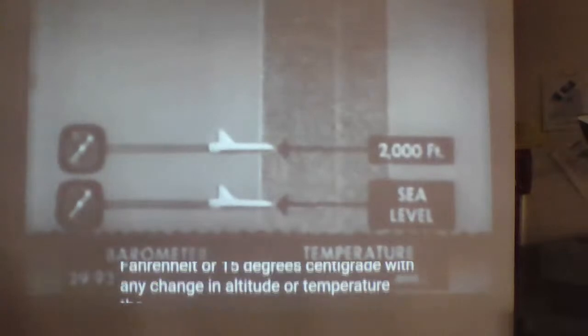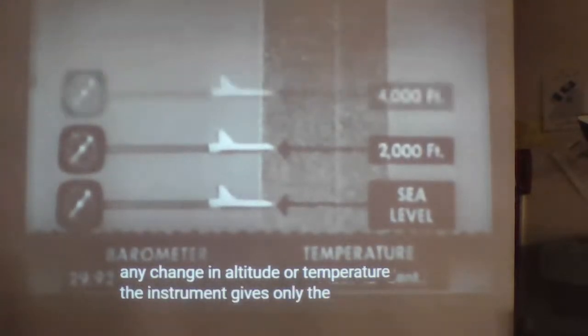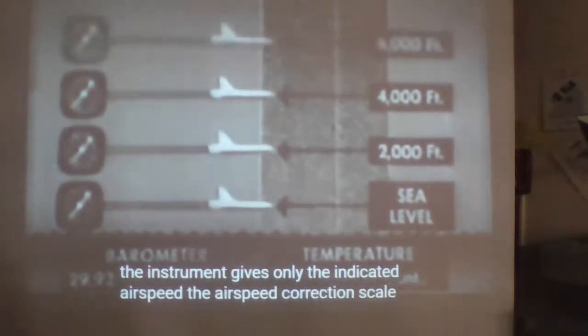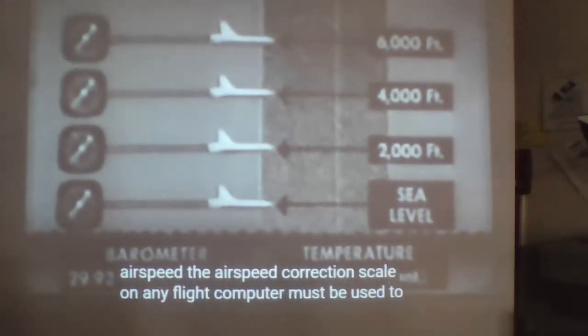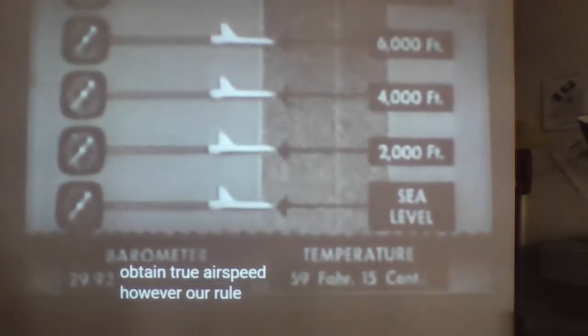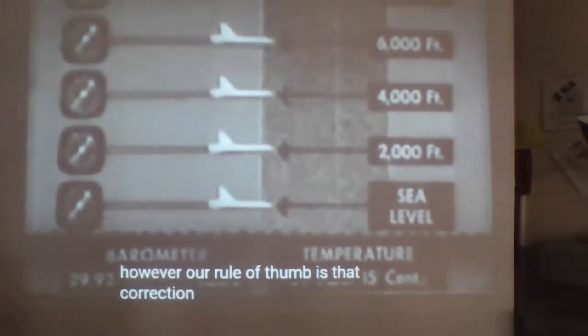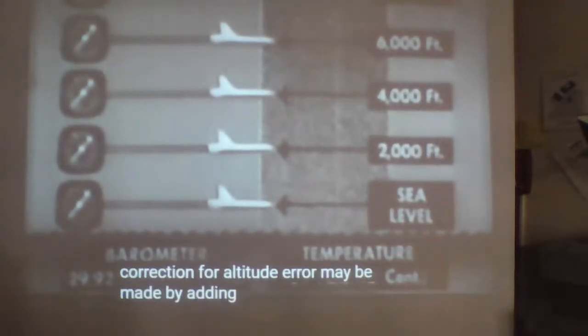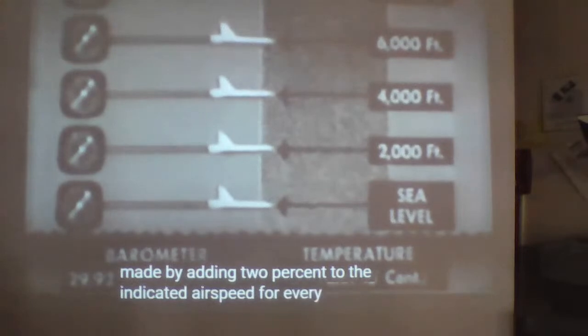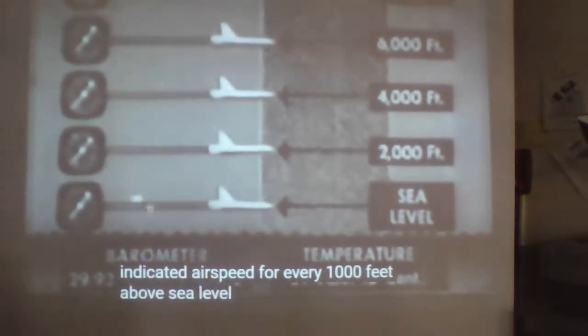At other altitudes or temperatures, the instrument gives only the indicated airspeed. The airspeed correction scale on any flight computer must be used to obtain true airspeed. However, a rule of thumb is that correction for altitude error may be made by adding 2% to the indicated airspeed for every 1,000 feet above sea level.